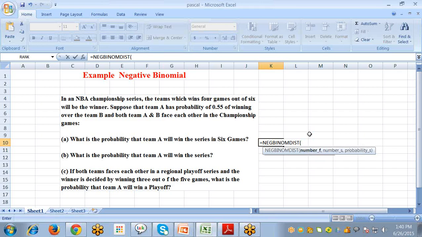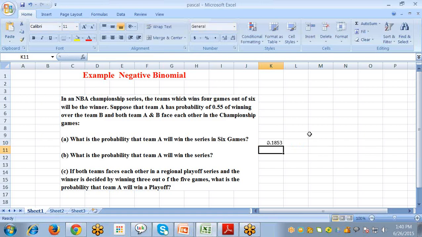So out of a total of 6 games, 4 will be won, so the failures will be 6 minus 4, which is 2. The second argument is the number S, that means the number of successes, so 4 games, and the probability is 0.55. Then close the bracket and press enter. This will be the value for this first question.